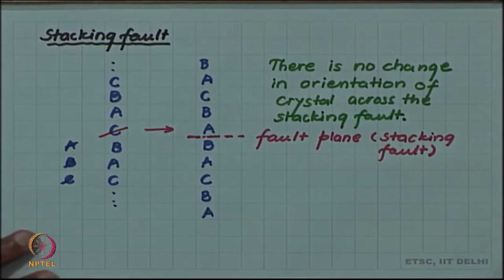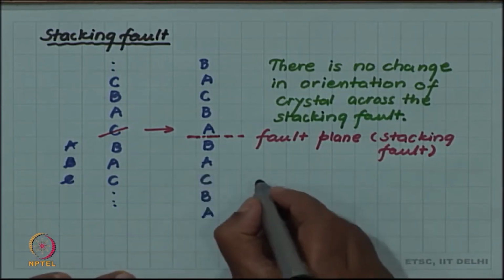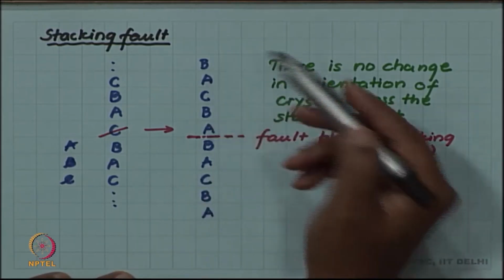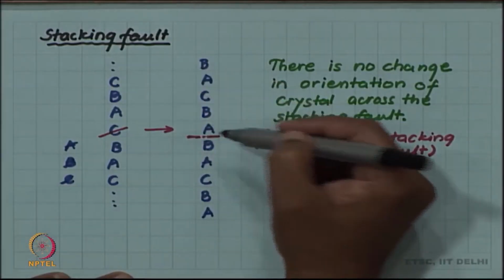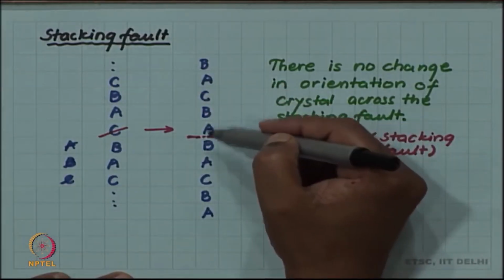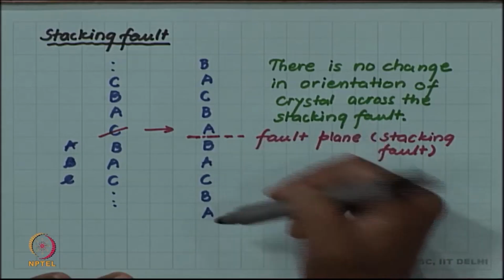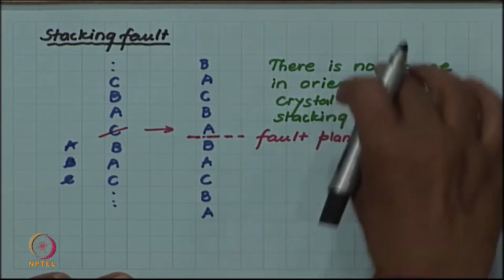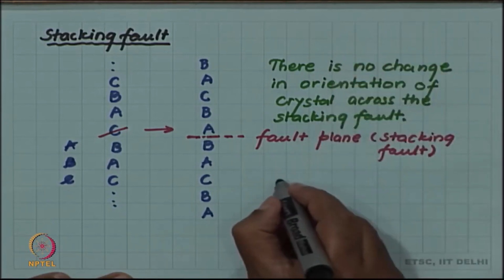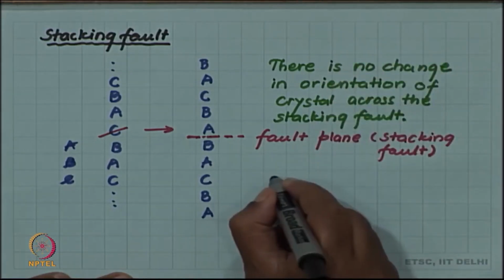This means that the difference between the two crystals is in the stacking, and we can produce the crystal on one side of the fault with respect to the other side by a simple translation. Since they are in the same orientation, the only difference can come from translation.